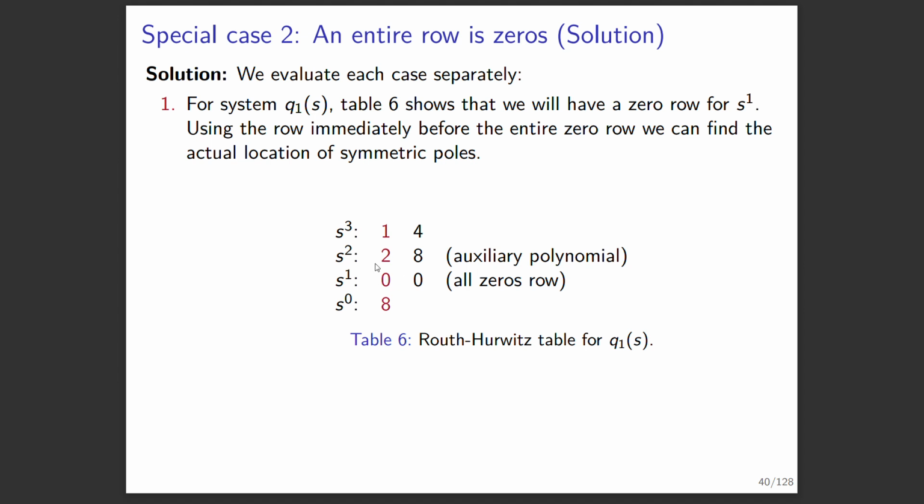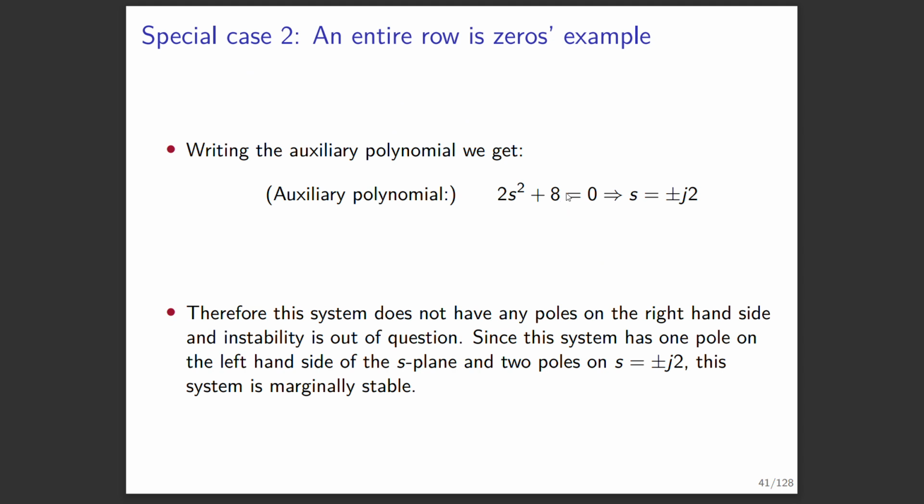Did I have any sign changes? No, I didn't have any sign changes. So I don't know exactly what the non-symmetric poles are, but they have shown all of their effects before they get to here. Because I have no sign changes, the non-symmetric poles are on the left-hand side, and my symmetric poles are on the j omega axis. So I have a marginally stable system.